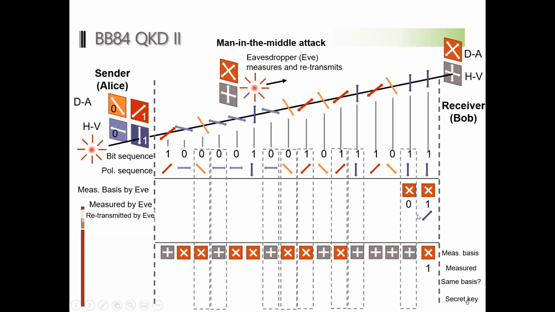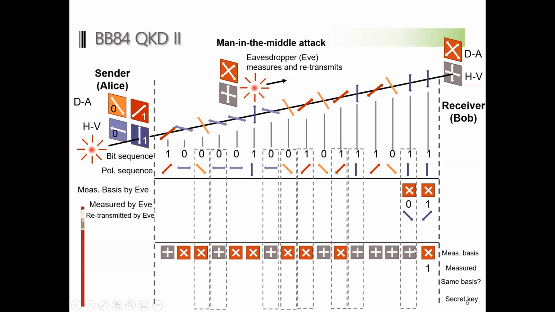Here, assume that she just measured zero. Because Eve cannot know what kind of basis Alice sent, she will just decide to retransmit the corresponding polarization, which is anti-diagonal. In this case, the action of Bob and the action of Alice will be the same as the previous case.